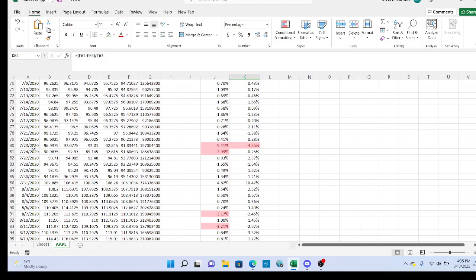Now, right here, this is July the 23rd of 2020. You can see down here, we fell a lot. From the previous close to the low, this was like 5.4%. And then we just regained about 1% on the close.